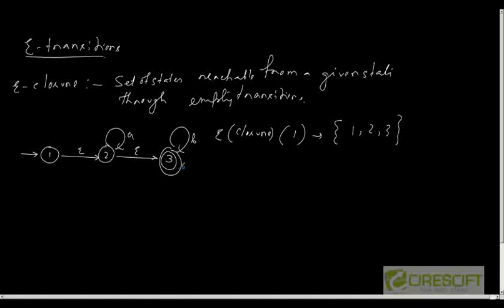Okay. So to remove empty transitions for a DFA, we need to create a unique state that represents the epsilon closure of a state. That means epsilon closure of 1 is 1, 2, 3, and that I represent as capital A. Similarly, what will be my epsilon closure of 2?